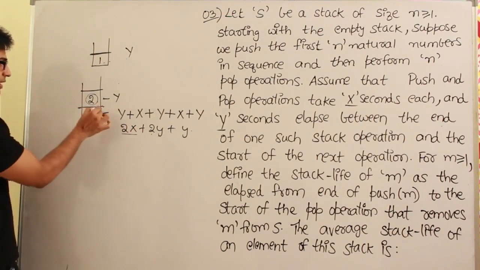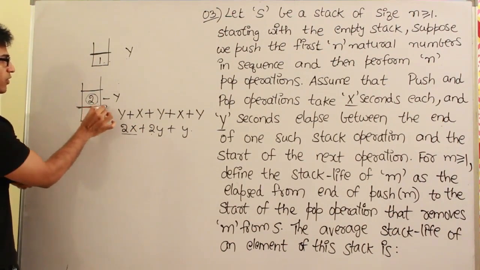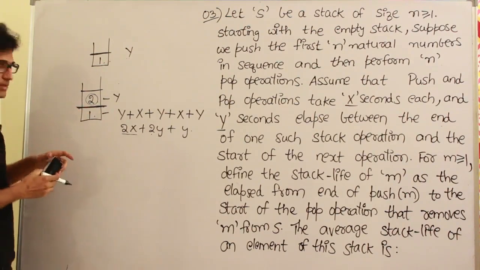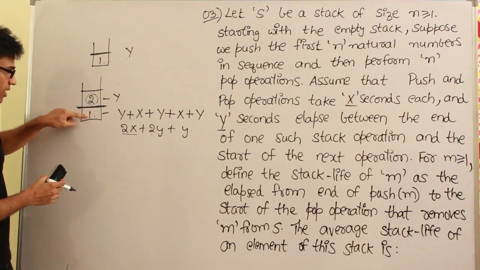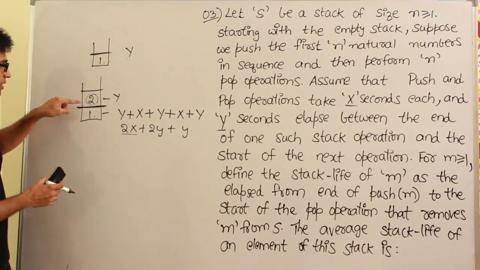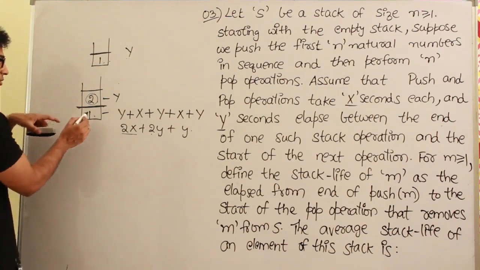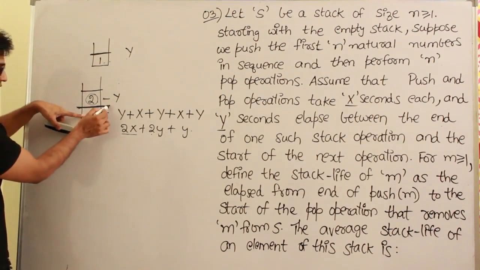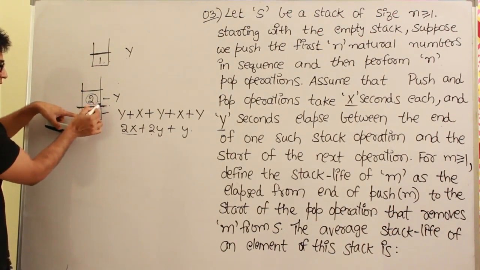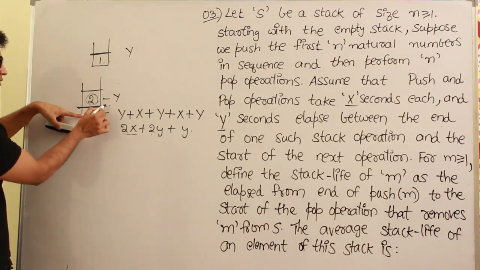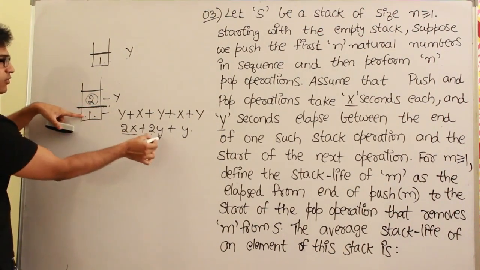Are you observing it? This line is responsible for 2y. The reason is, after pushing 1 I have to wait for one y before pushing 2, and after popping 2 I have to wait for one y before popping 1. That is why this line is responsible for 2y.